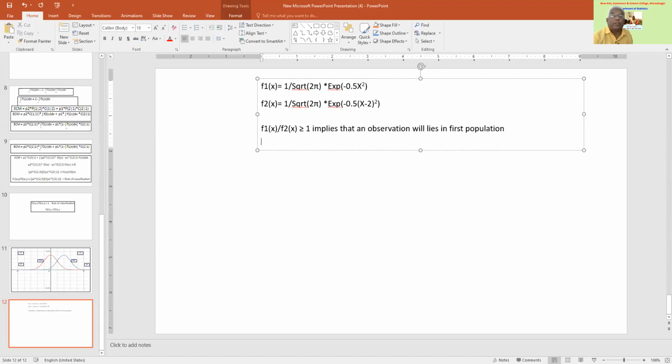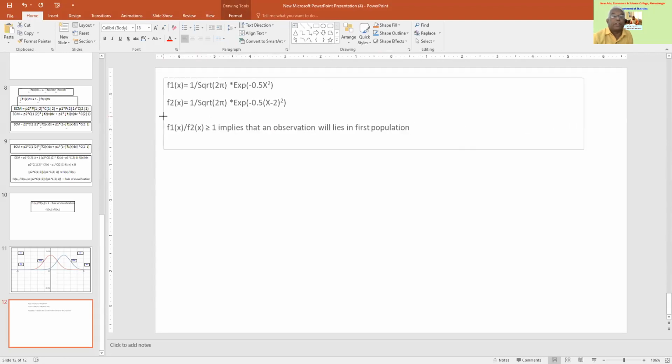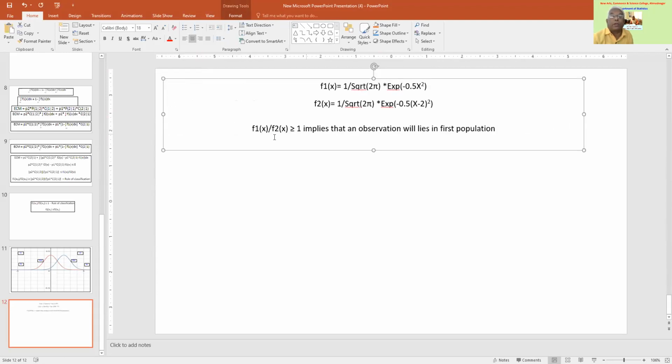Now, if I put this f1(x) upon f2(x), you will see that the constant 1 upon square root of 2 pi will get cancelled. The ratio of these two densities, obviously the 1 upon square root of 2 pi cancels.